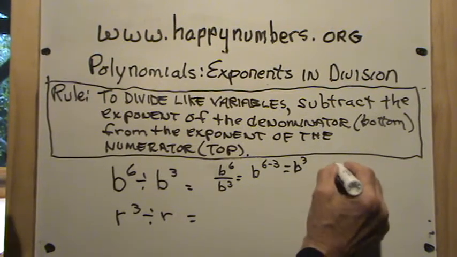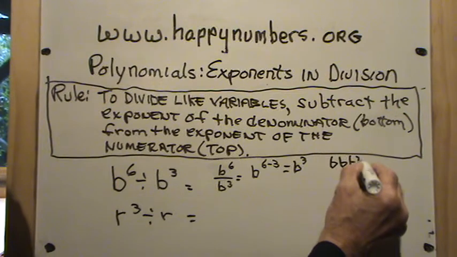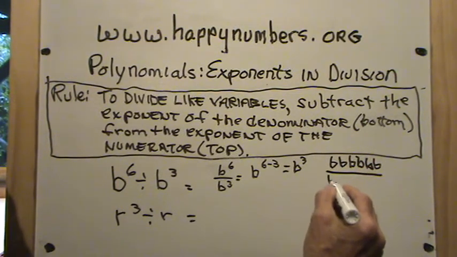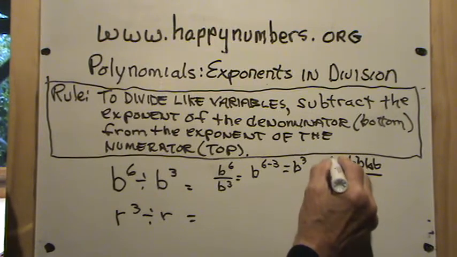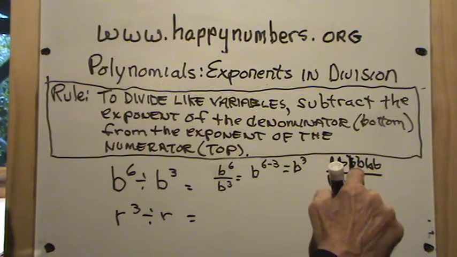And the reason that's so is 1, 2, 3, 4, 5, 6 divided by 1, 2, 3. These would cancel out, and we would be left with B to the 3rd.